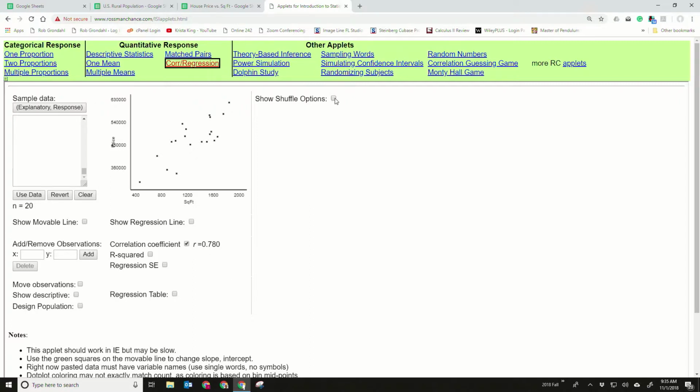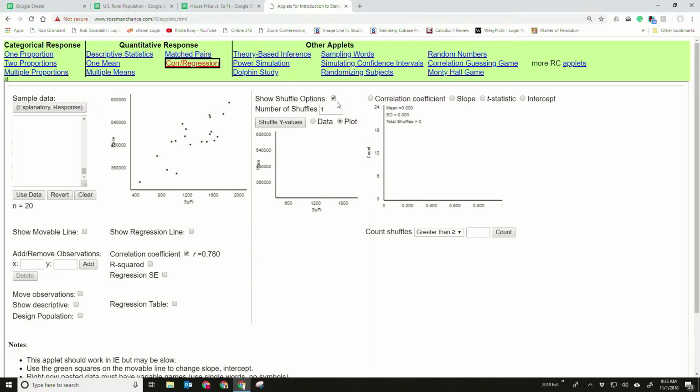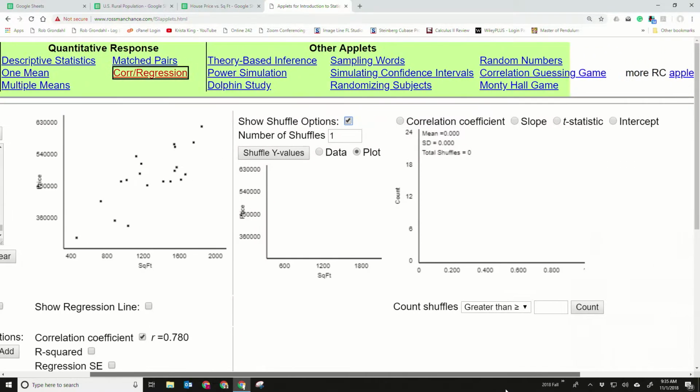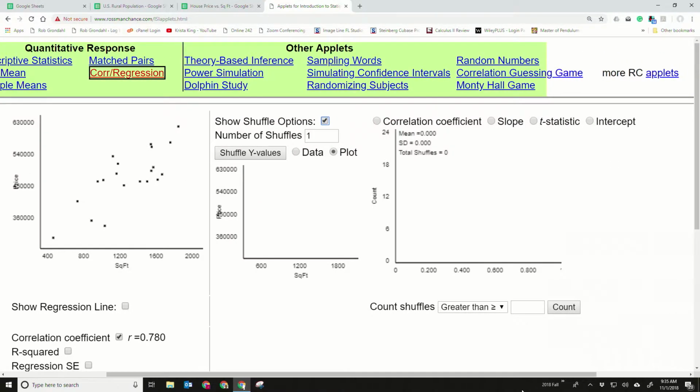So now let's move over here to our shuffle options. And we'll make this a little bit bigger here so you can see what's going on. Now we can test some different things here. I'll get into this other stuff later, but right now we're going to be interested in testing the correlation coefficient. So I'm going to check that box.